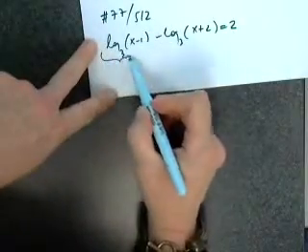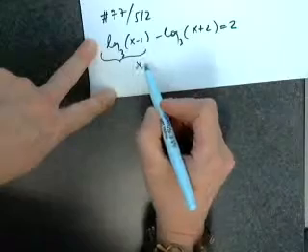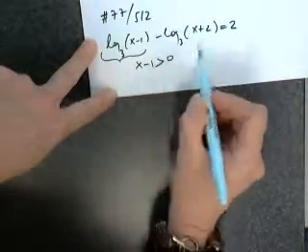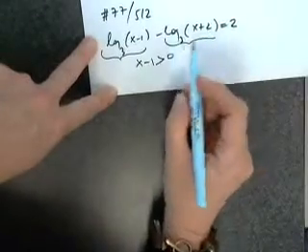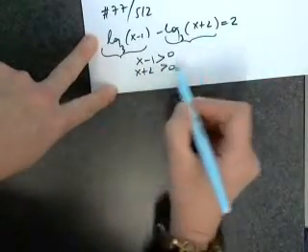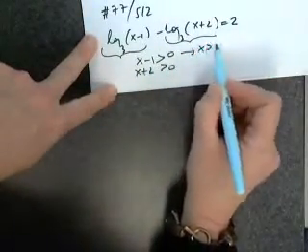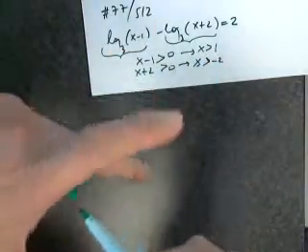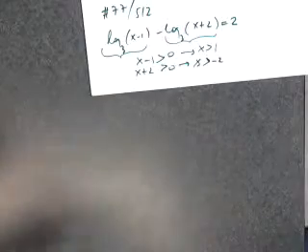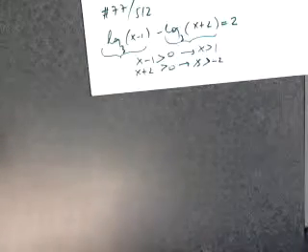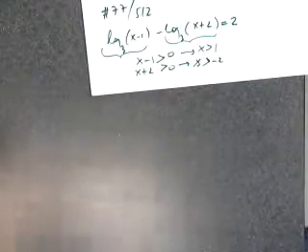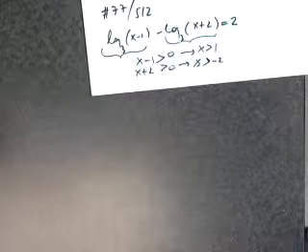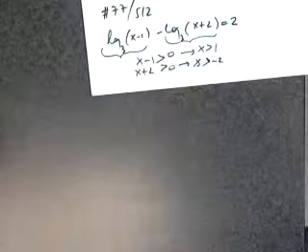What is the domain of this function? X minus 1 must be greater than 0, and x plus 2 greater than 0. Good. So this means x is greater than 1, and this means x is greater than negative 2. And I have to choose where they both are fulfilled.